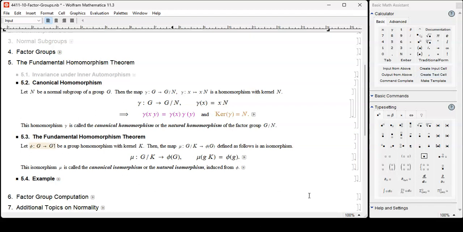So let phi be a group homomorphism from G to G prime with kernel K. And as I had before, if we have the special case gamma, then the kernel is N. So this is a more general case that includes 5.2. Now in this case, this map defined like this is an isomorphism, which we call the canonical isomorphism or natural isomorphism. That's the next step.